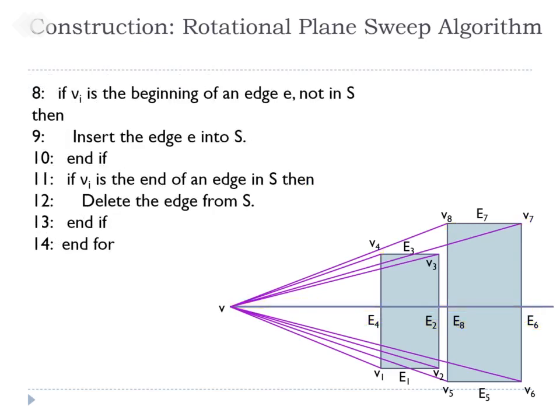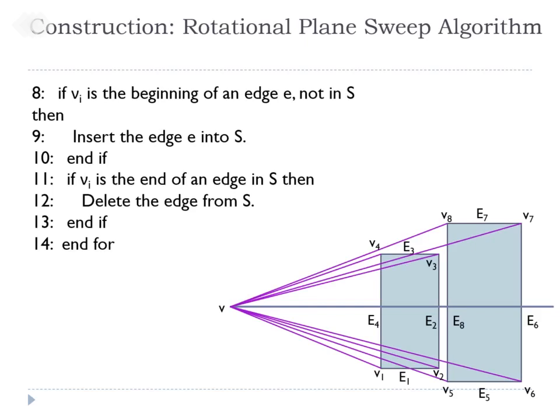Next, if Vi is the beginning of an edge E not in S, then we will insert this edge E into S. In case of V3, you can see that V3 is the point from where E3 begins.